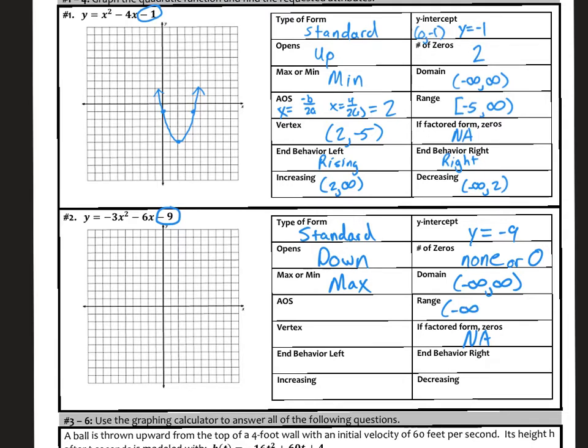And then the high point is the max. Okay, well, let's find that max. I'm going to do second, calculate on my calculator, hit the number 4 for maximum. My left boundary, I'm going to make sure to scroll to the left of the max. Now I'm going to scroll to the right of the max, and I get 0, negative 9. That's my vertex.